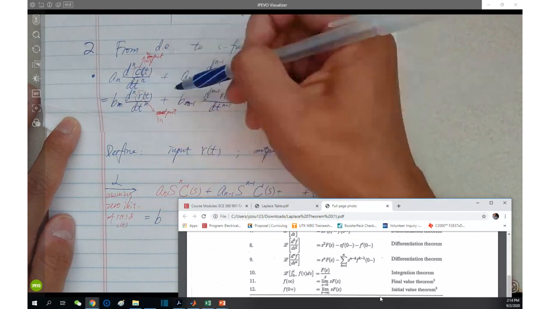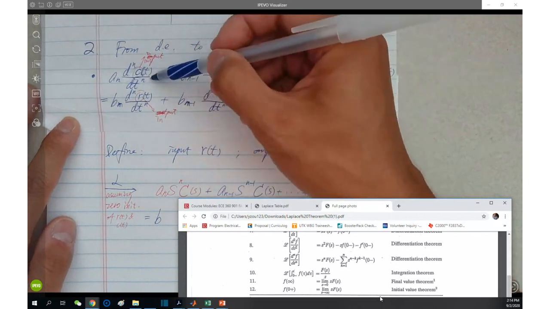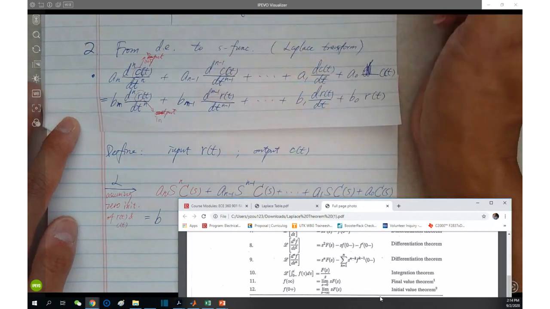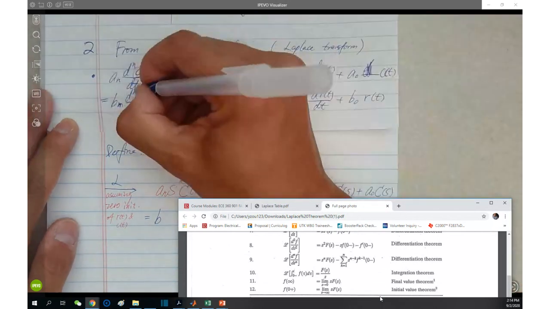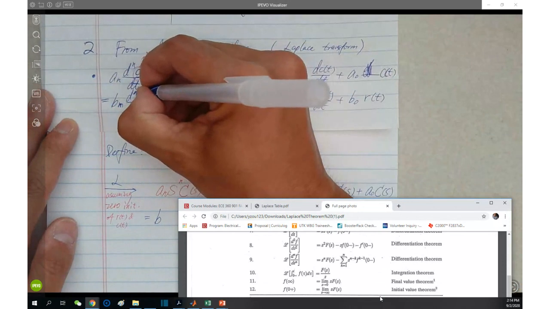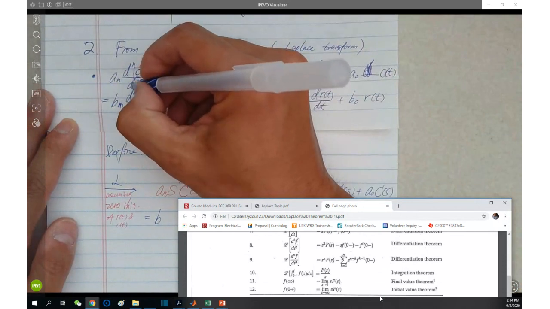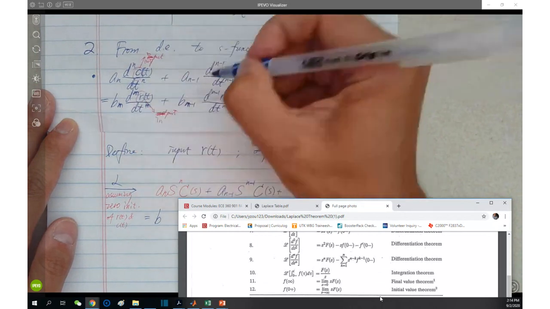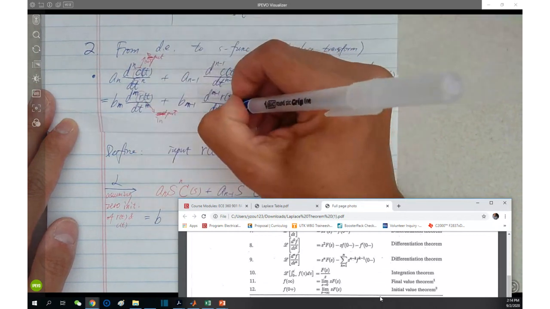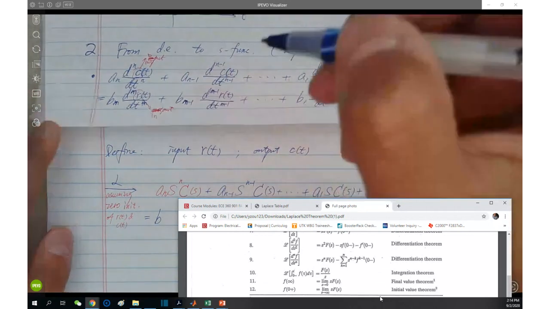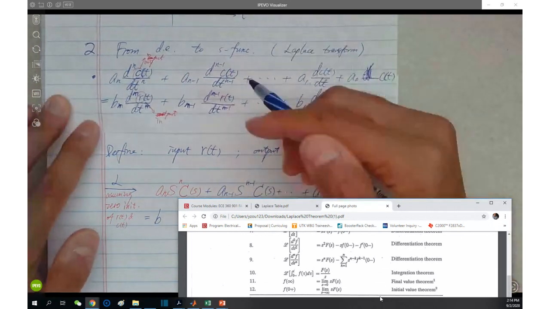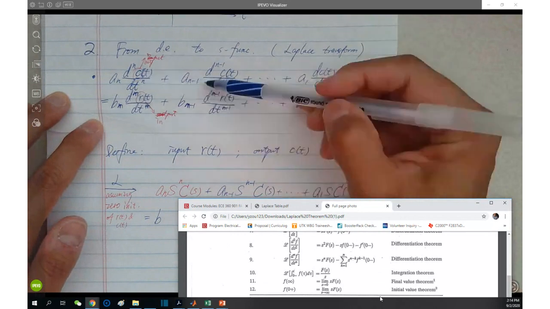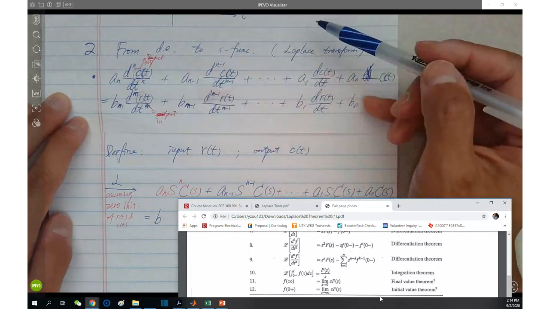I'm trying to differentiate from the left-hand side of the equation. So here, of course, d^m, and this m minus 1, this m minus 1 too. Again, it's just for differentiating from the left-hand side.